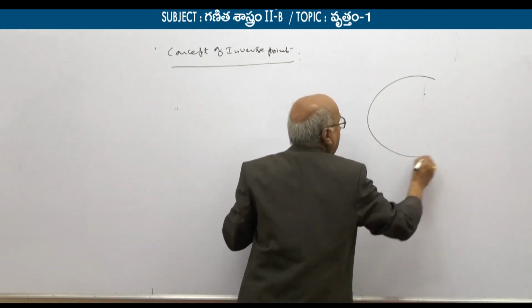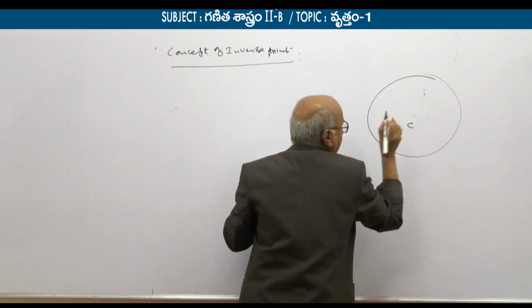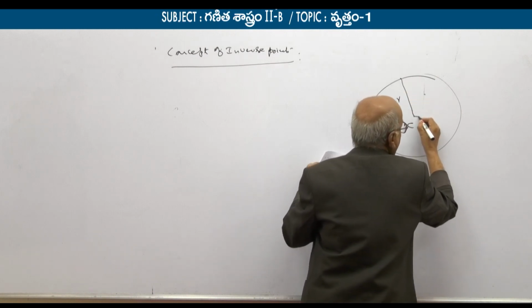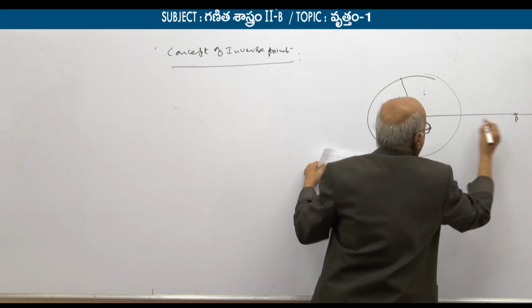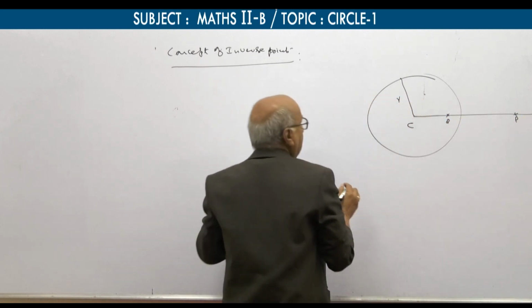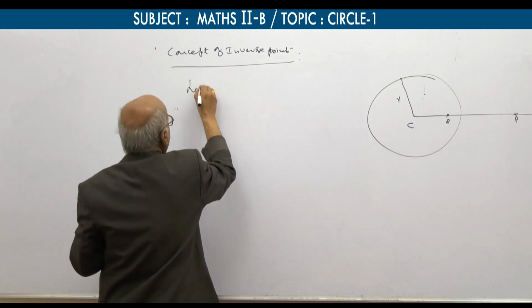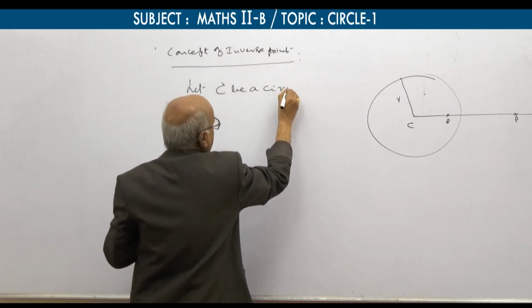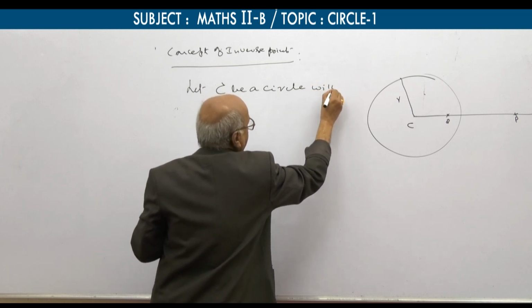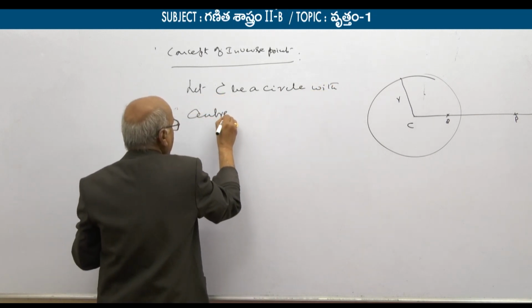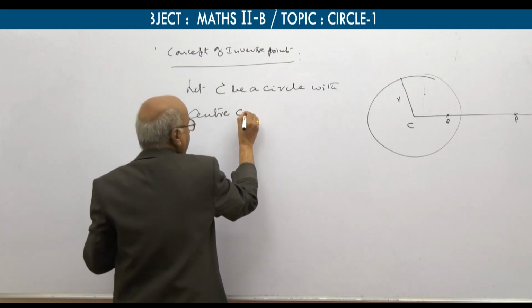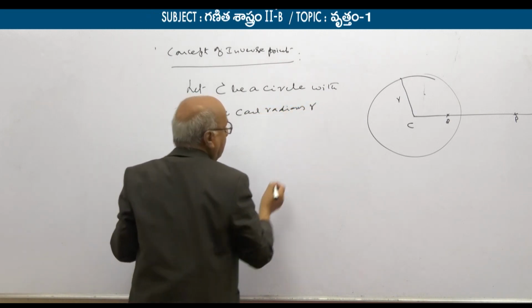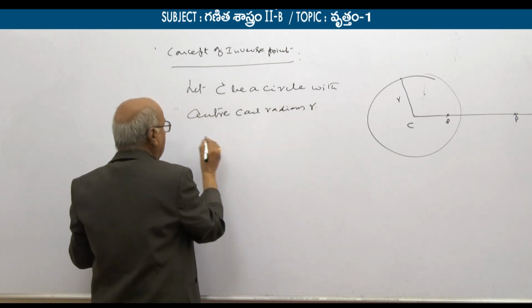You are given a circle; let C be a circle with center C and radius r itself.